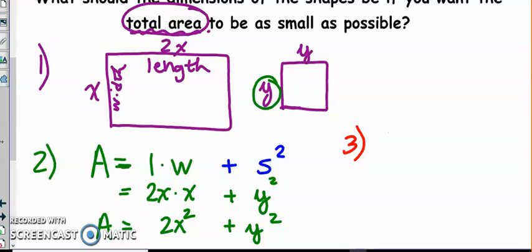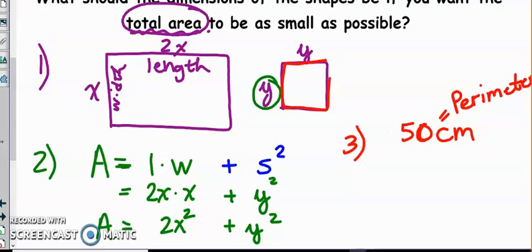There is a number there. It says there's 50 centimeters of wire that's going to create this rectangle and create the square if there's some left over to create that square. So if it's 50 centimeters to create all of this, that pretty much means that 50 is our perimeter, because 50 centimeters must make up the whole outsides of these.